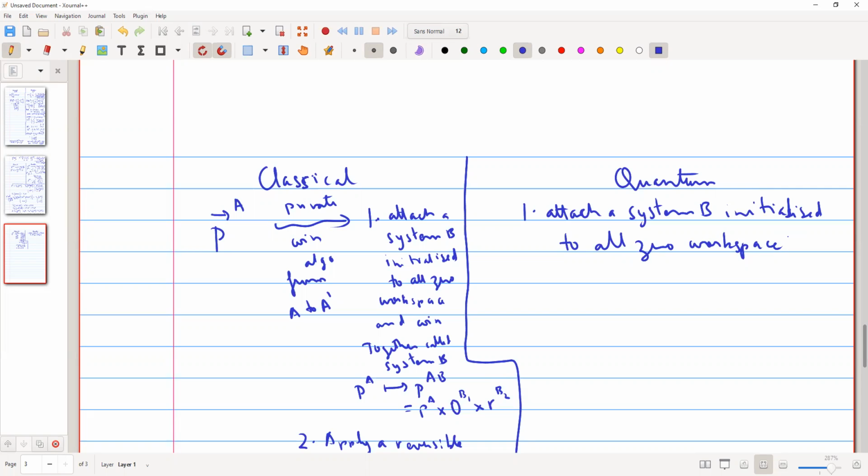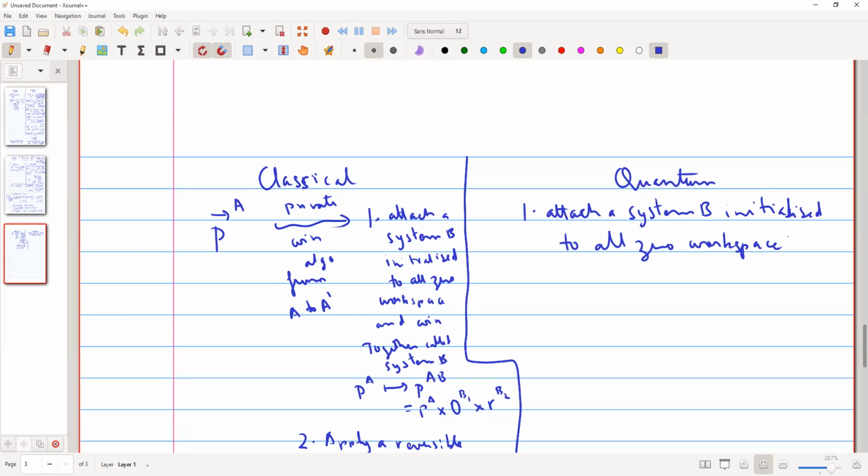In quantum, all I need is just B. Some part of B, if you want, will function as the workspace, some part of B, if you want to keep, will function as a coin. But more generally speaking, the entire B is the workspace initialized to all zeros. And the effect of the coin can be captured just by an all zero workspace. So this is a big point of difference.